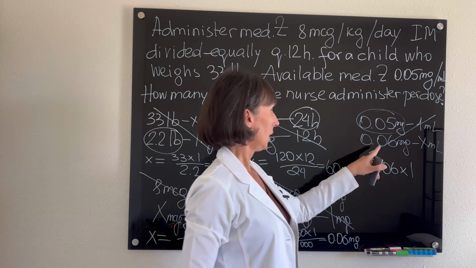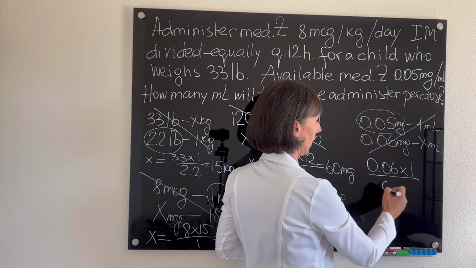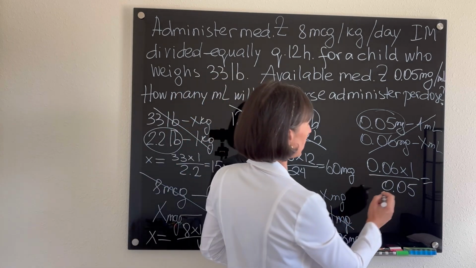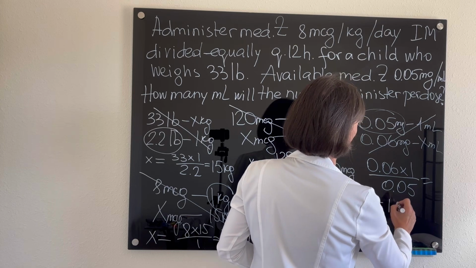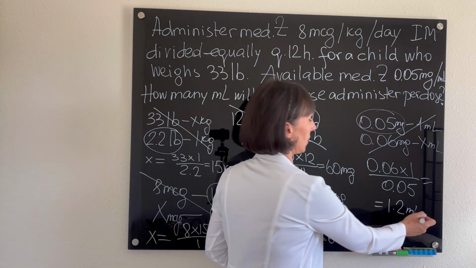And I get 0.06 times 1 divided by 0.05. And your X equals 1.2 milliliters. This is your answer.